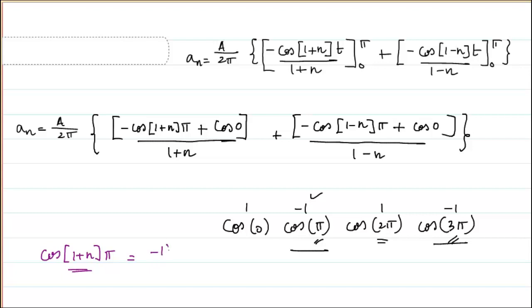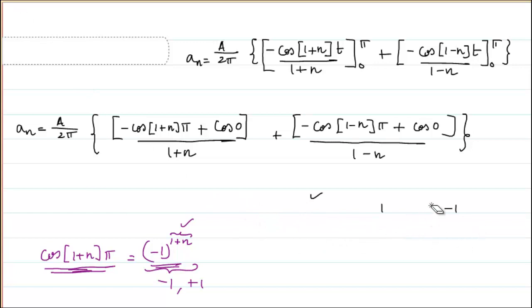In that case, I can write minus 1 raised to power 1 plus n, because if 1 plus n is odd, obviously this value comes out to be minus 1, and if it is even, this value comes out to be plus 1. So in a way I can write this equation as this equation, and that is what exactly we are going to do. So cos of 0 is 1, that we all know.